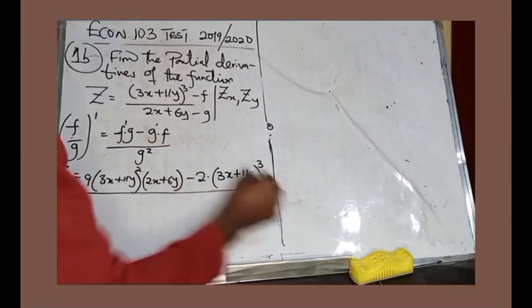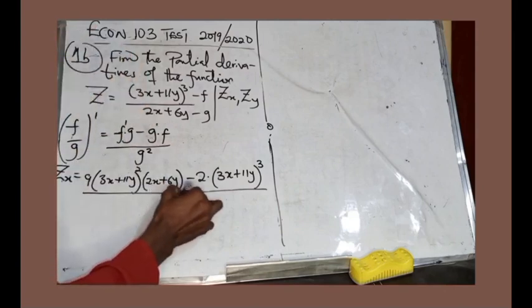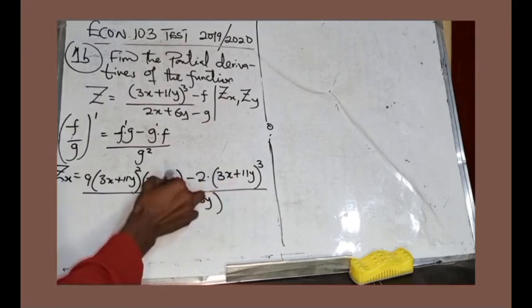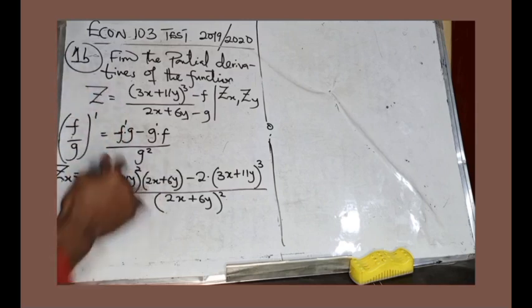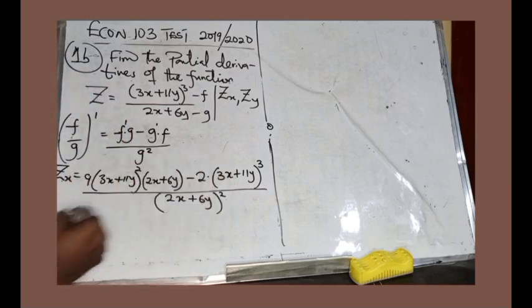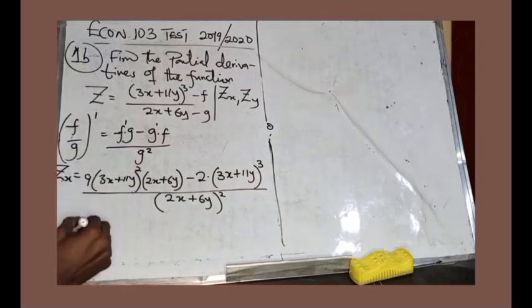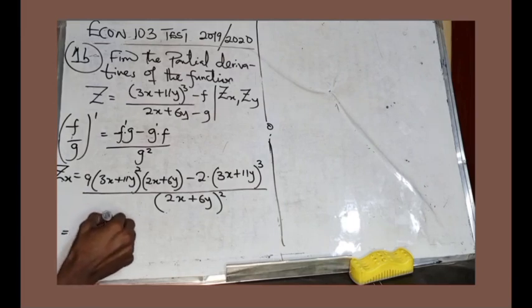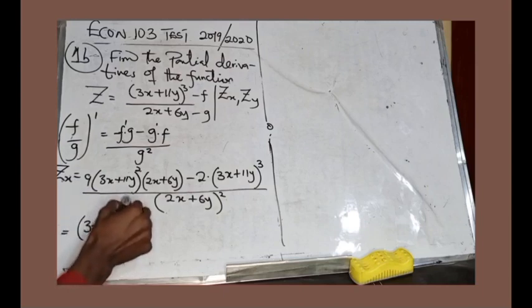Now all divided by g squared. This is my g, I'm just to put 2x plus 6y all squared. So this is what we have now. So guys, what do we do next? If you observe very well, something is common. This and this here are common, so I can factor out 3x plus 11y. If I factor out 3x plus 11y, this is square, this is cube, so I can bring out the one that has square.